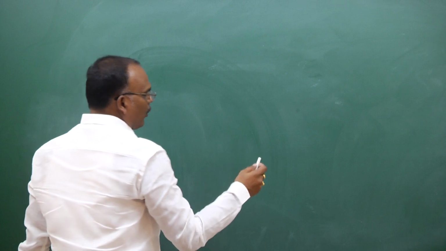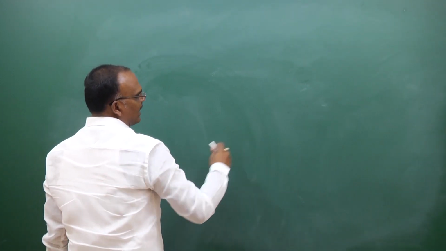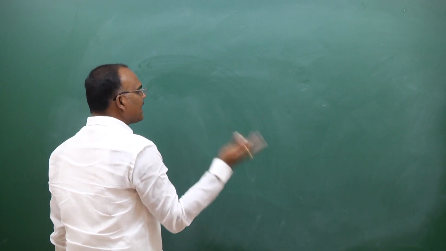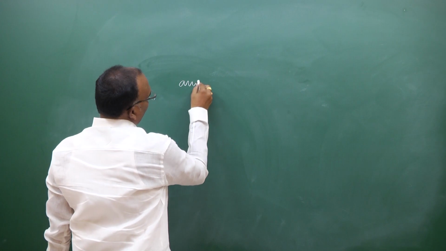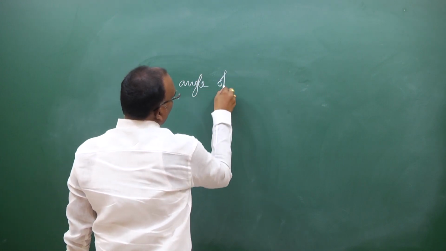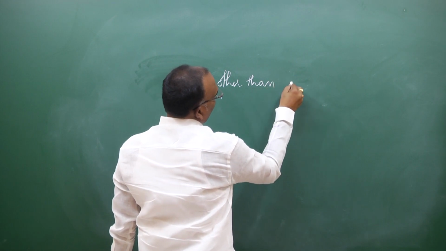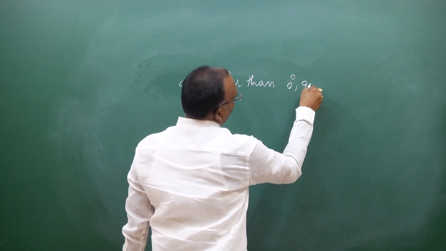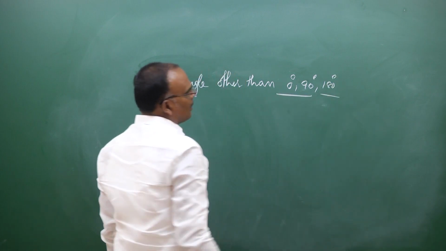We are going to throw a charged particle into a uniform magnetic field with an angle other than 0, 90, 180 degrees.